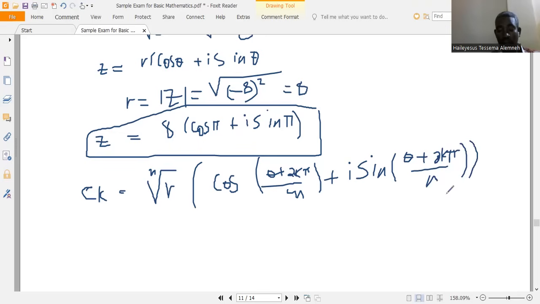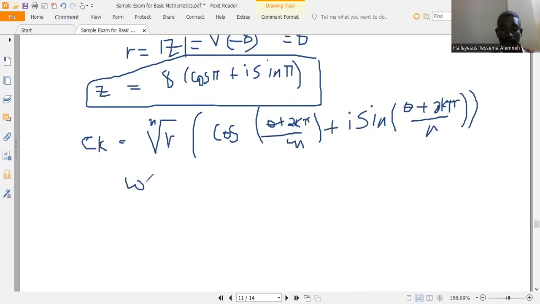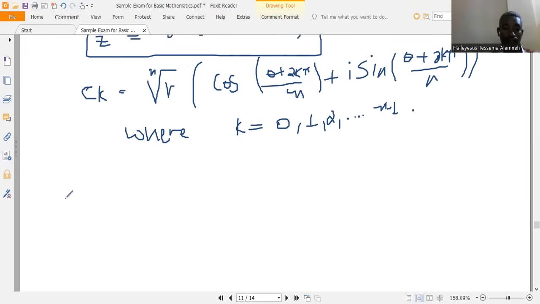We use this standard form, where k is equal to 0, 1, 2, up to n minus 1.